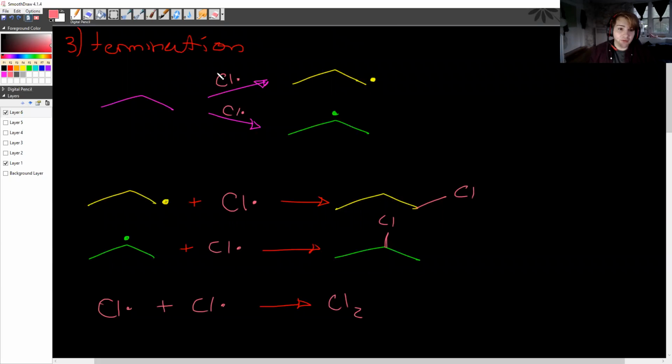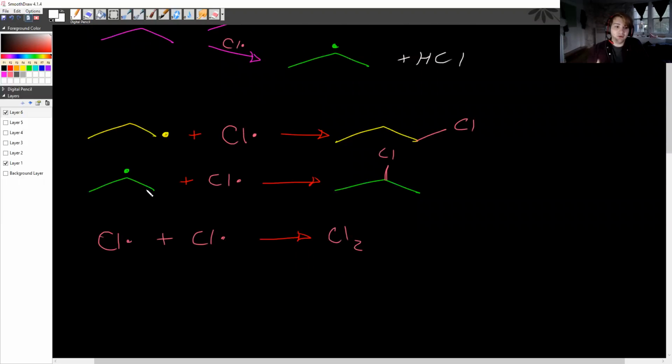Propagation, if you remember, was all about shifting who gets the radical. Because remember that each one of these ended up with an HCl. So instead of the chlorine having the radical, now the alkane does. But in termination, we're talking about matching up radicals together so they form a bond. So here we're matching them up. Here we're matching them up. Here we're matching them up.